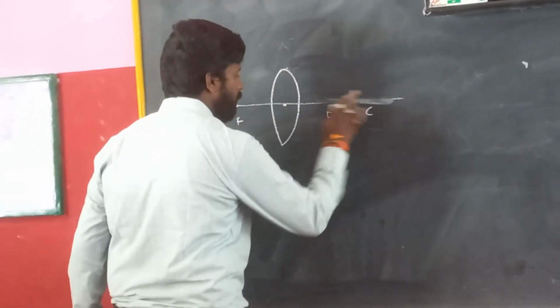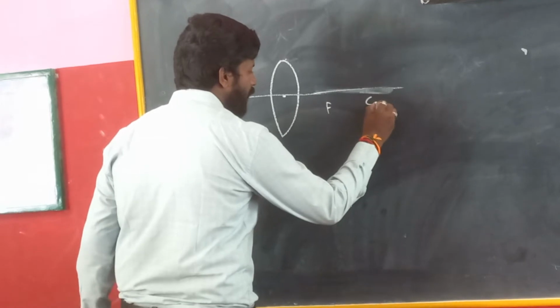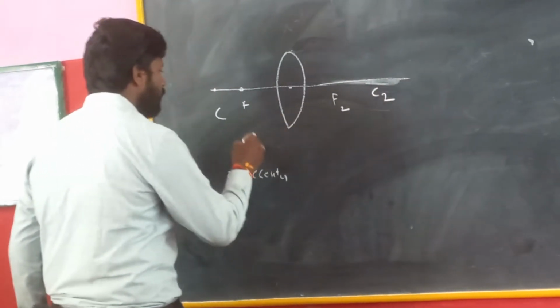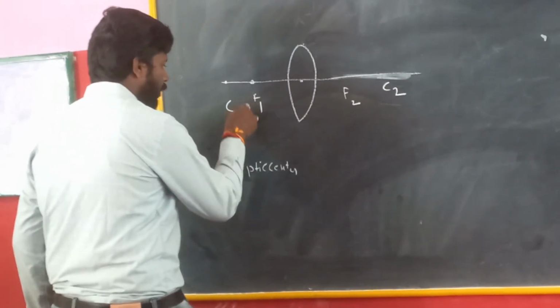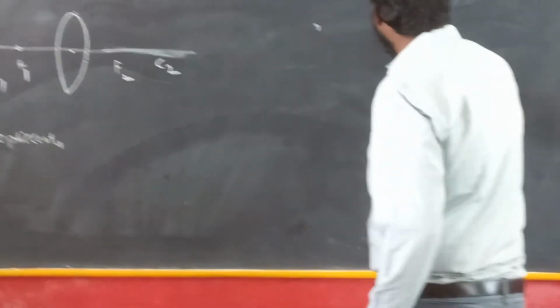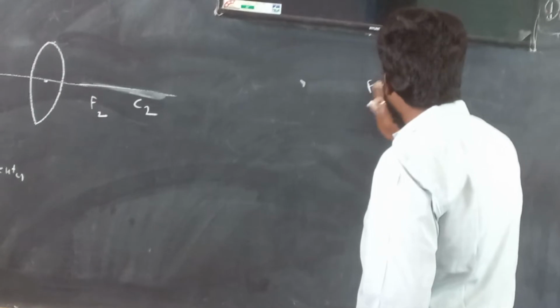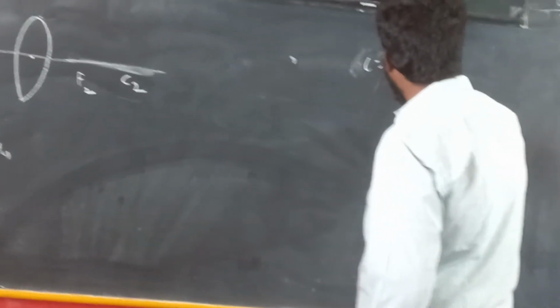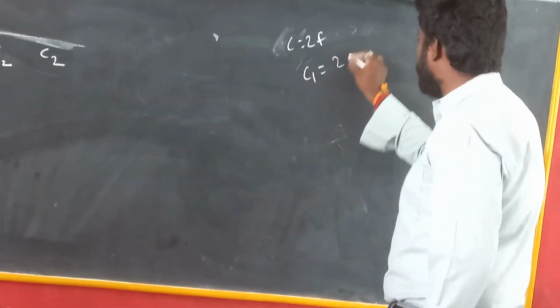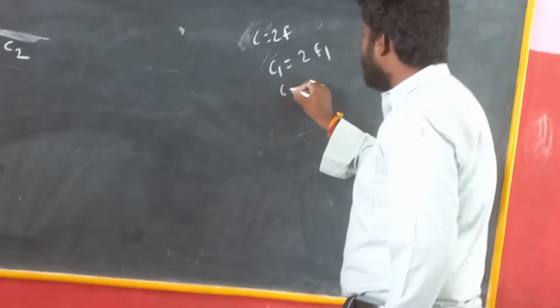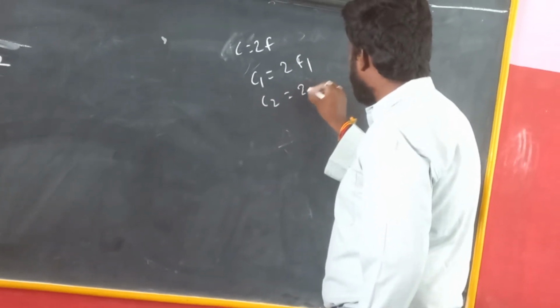Let us consider this to be C2, F2, F1, C1. And remember, C is equal to 2F. So C1 can be represented as 2F1, C2 can be represented as 2F2.